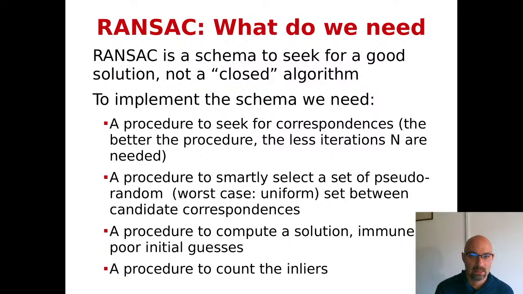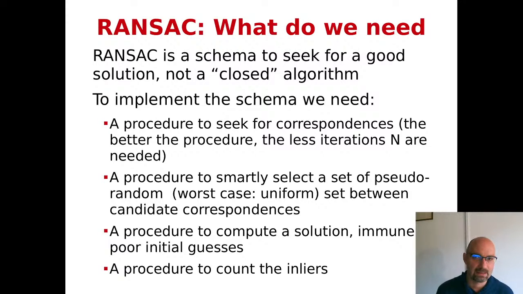Then I also need a procedure that, once I have this correspondence set, picks from the set of correspondences found at the previous step a set of candidate correspondences to compute my minimal solution.